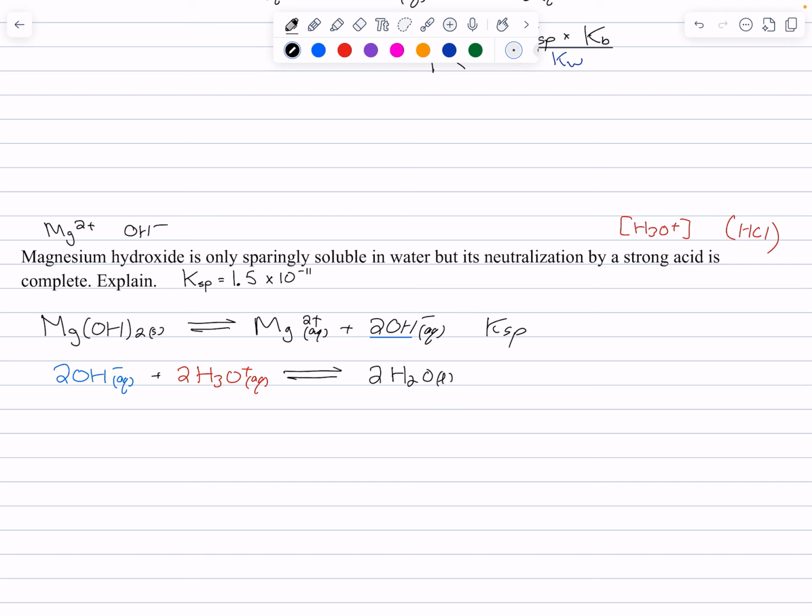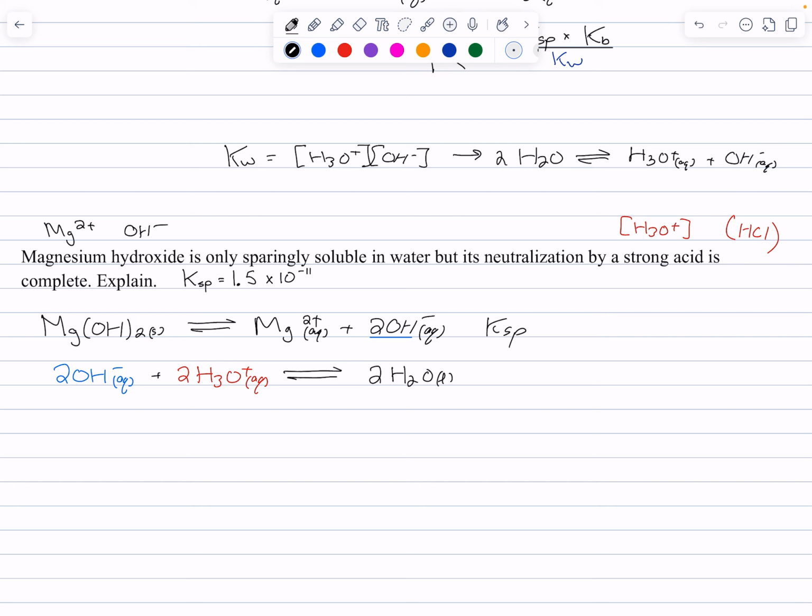And if you remember from above, Kw is the concentration of hydronium times the concentration of hydroxide. It comes from this reaction of H2O, 2 of them go into H3O plus and OH minus.